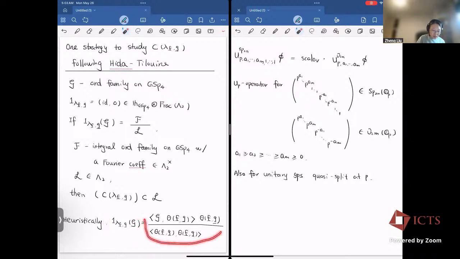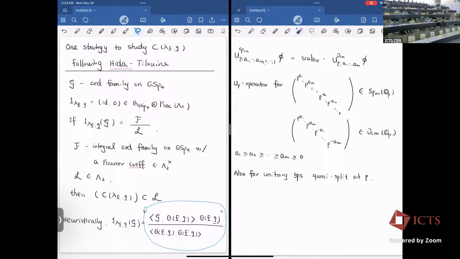On this side it is actually just a heuristic, not something I really define, but what I have is to do the evaluations of this right hand side on classical points. So basically, this is saying that when evaluated at classical points, the left hand side is equal to the Petersson inner product at the classical points on the right hand side with the modification at p.